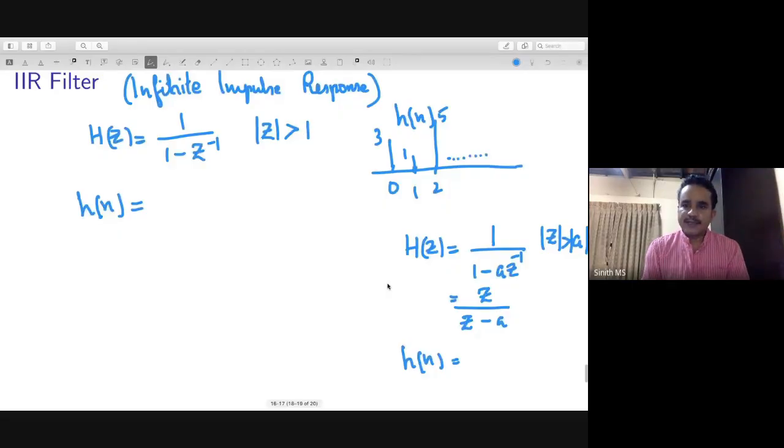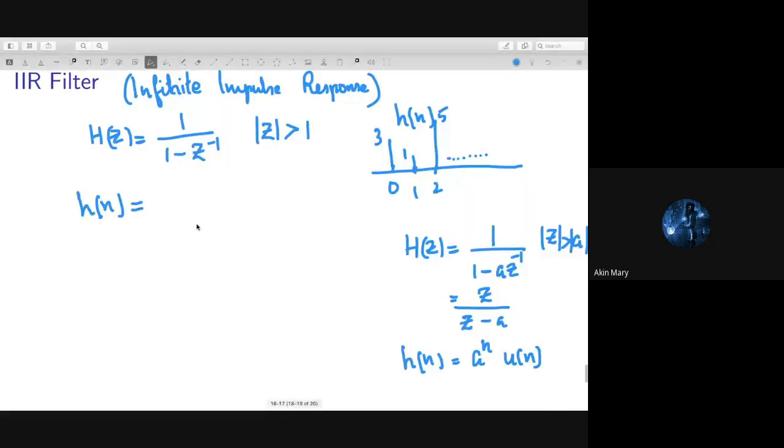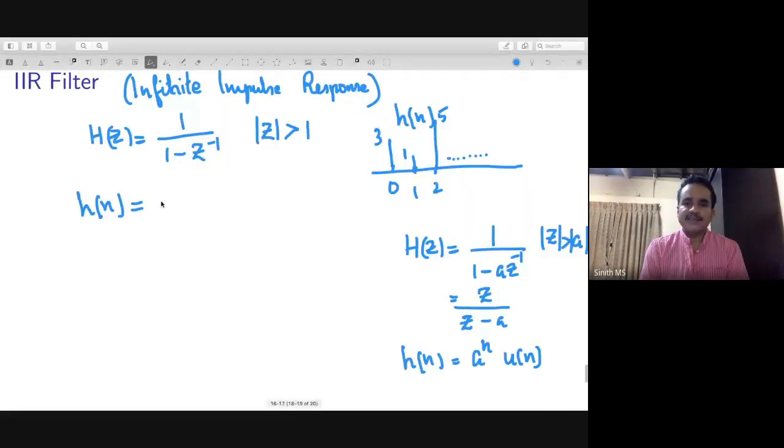Similarly, can you tell what will be h[n] here? u[n], just u[n], because a is 1. So this becomes u[n]. So h[n] is u[n]. If you plot h[n], it will be like this. At 0, you have a value of 1. At 1, again you have a value of 1.